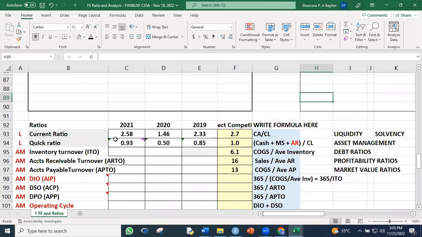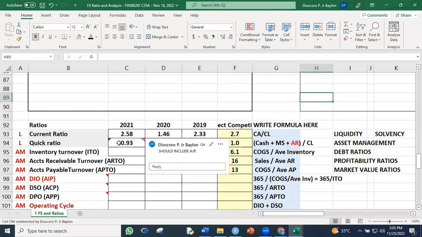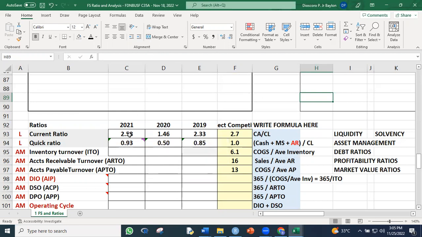So for every 1 peso of current liability, an obligation that will become due that operating period, the company has 2.58 pesos of current assets, and they pale in comparison with the direct competitor.